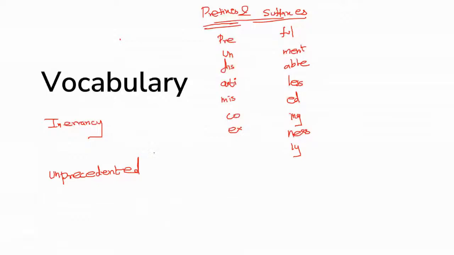Yes, guys. So inerrancy, if you try to split this into prefix, suffix, and root word, in will be the prefix, ancy will be the suffix, and err will be the root word. Here the root word err is a Latin word which relates to making a mistake or having an error.